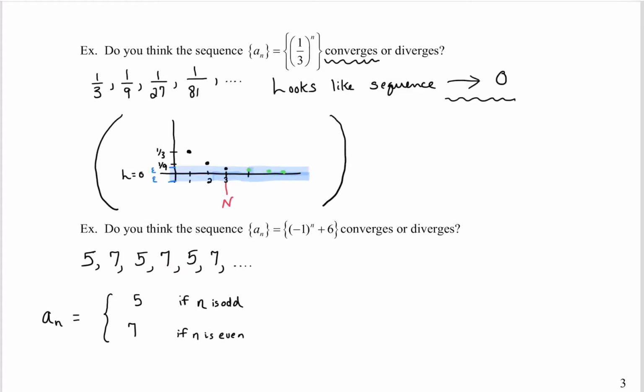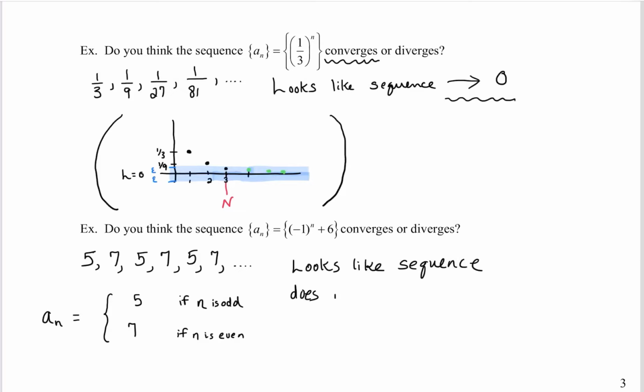And so in this case, we have what we will call two subsequences that are converging to two different values. And if that happens, it's not approaching one limiting value. So this one, I would say it looks like it does not converge.